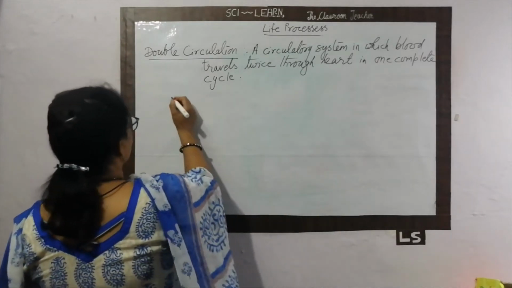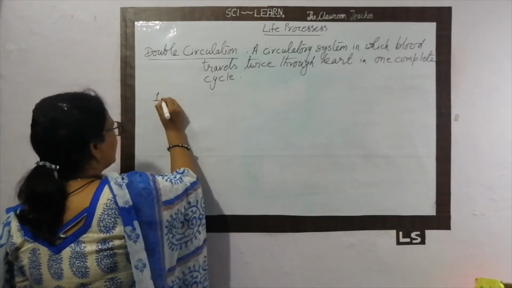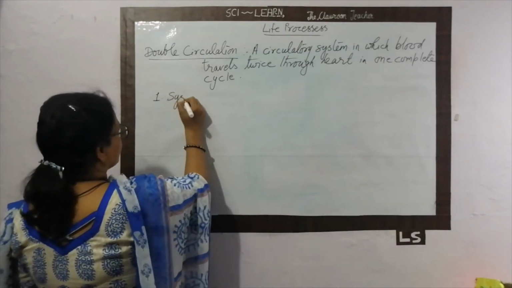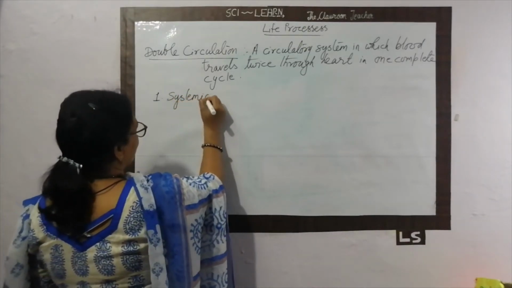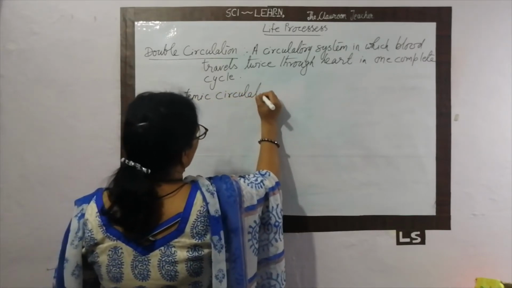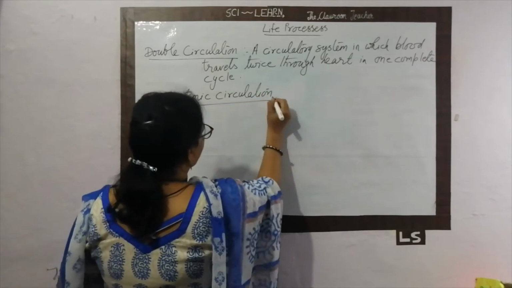In double circulation, the first circulation is called systemic circulation. Systemic circulation is the circulation between the organs and the heart.